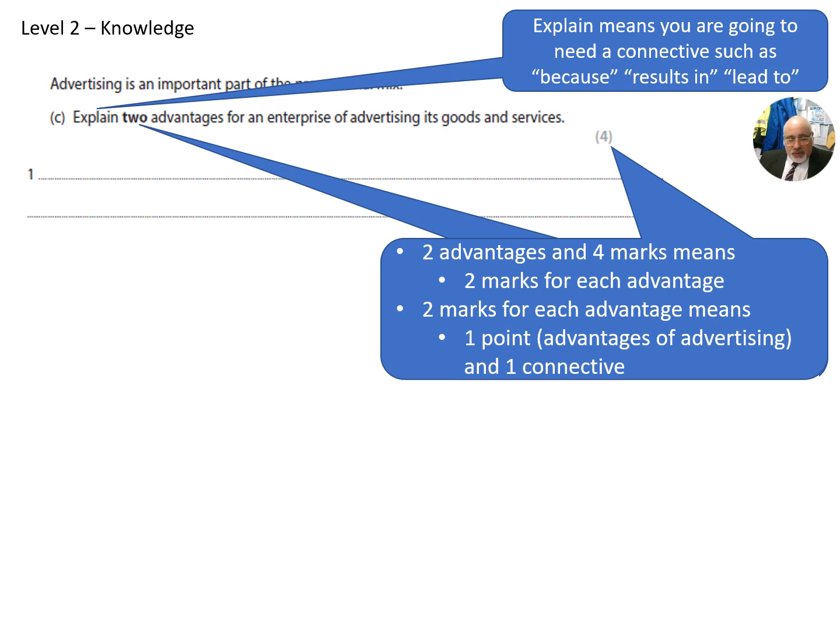So if we break the question down along with the marks, 2 advantages and 4 marks means 2 marks for each advantage. Now, to get the 2 marks, you would need 1 point, which is the theoretical point of the advantages of advertising, and then you throw in a connective with the final sentence in order to get the 2 marks. So this is what it looks like.